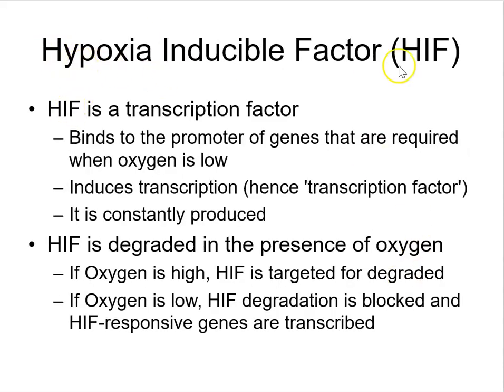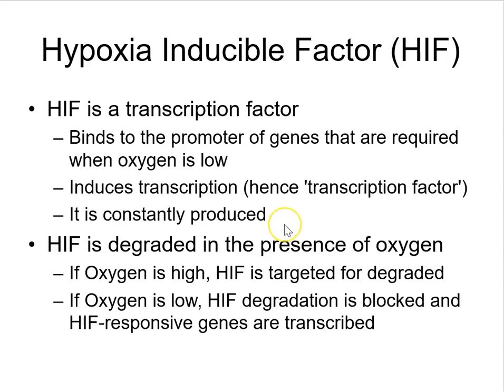So HIF, hypoxia inducible factor, is this transcription factor that binds to the promoter of genes that are required when oxygen is low, so vascular endothelial growth factor, for example, also GLUT1, which is a glucose transporter. So it induces transcription, hence it's called a transcription factor. And it is constantly produced, so your cells are always making HIF.